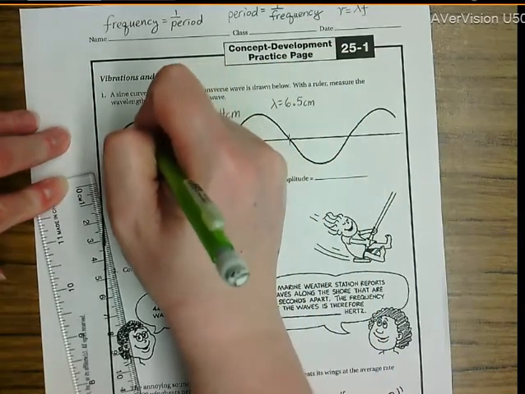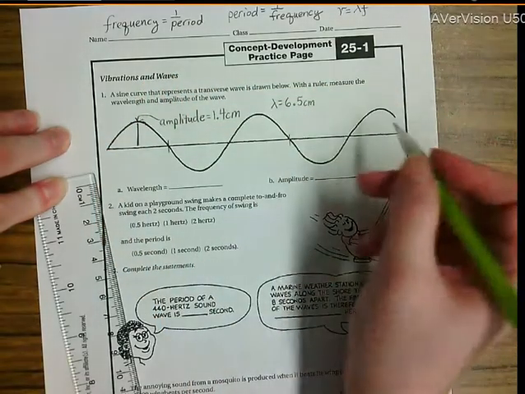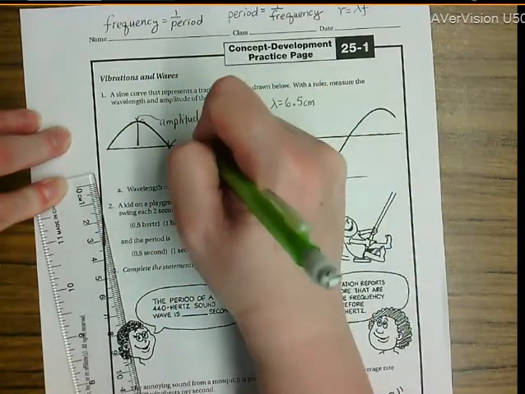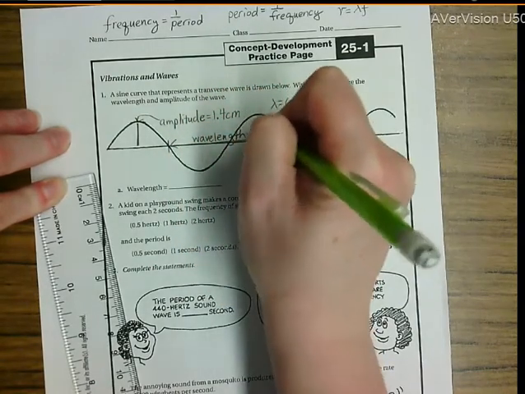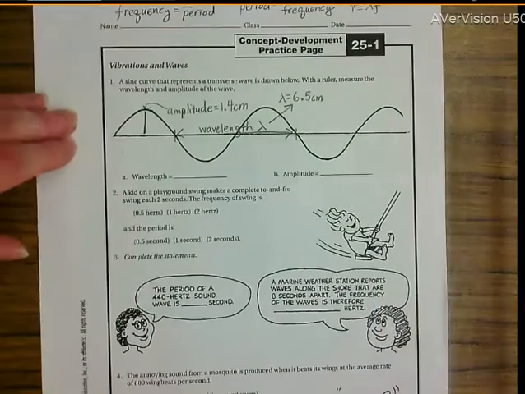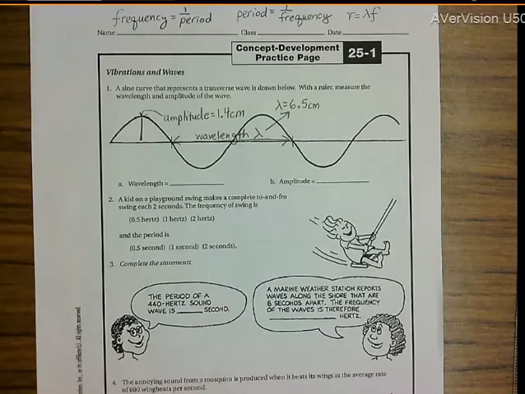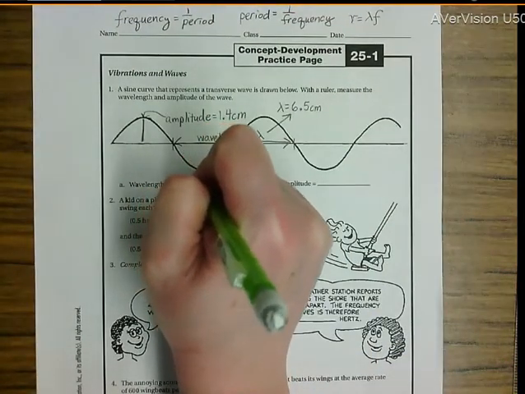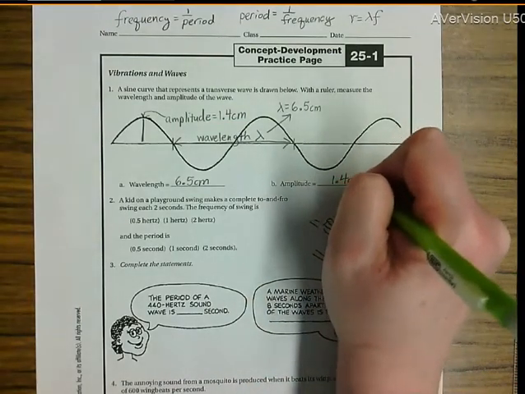So again, here's our amplitude, from here to here. That's our amplitude. From here to here, this is our wavelength, lambda, which was the 6.5 centimeters. So our wavelength was 6.5 centimeters, and our amplitude was about 1.4 centimeters.